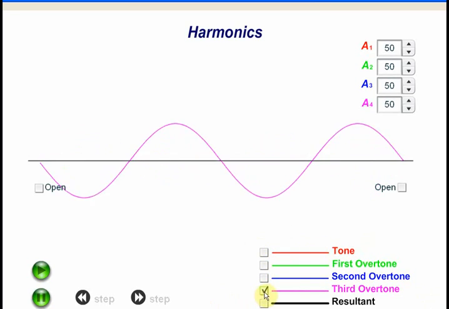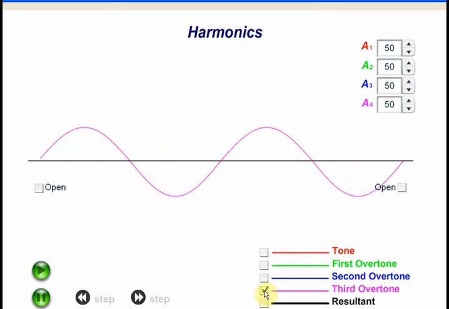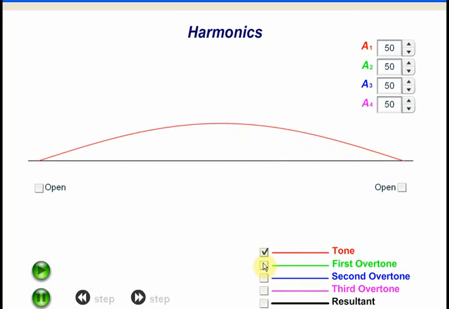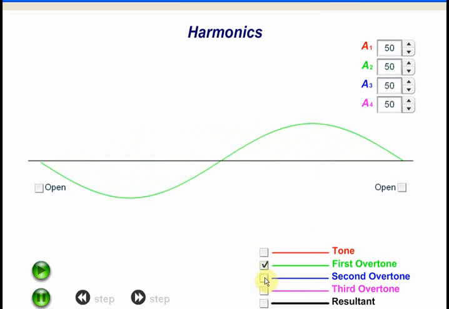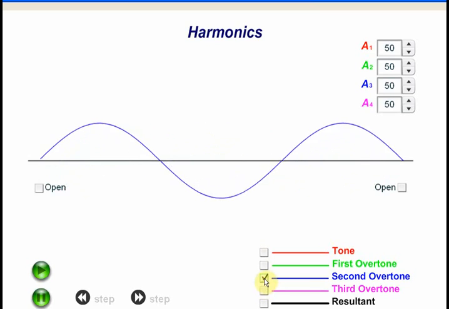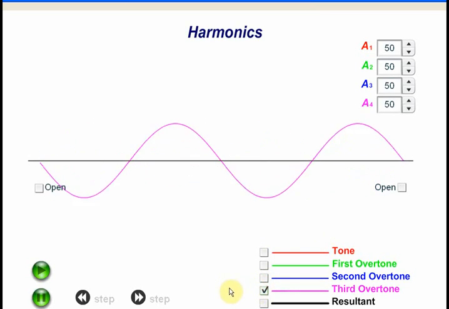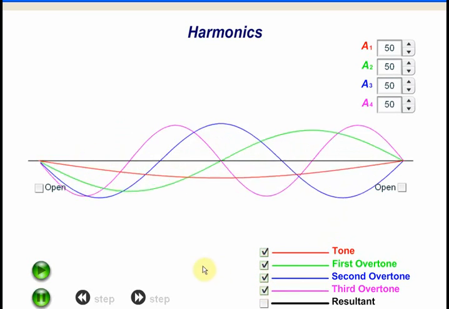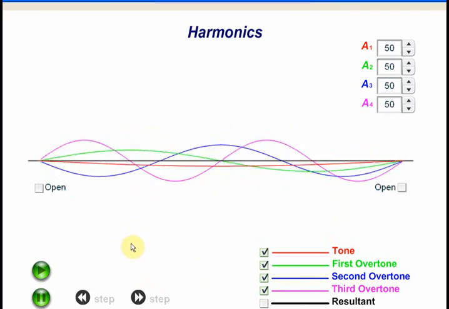As you can see, the frequency in each case is different. The frequency is increasing, it's 1V by 2L in the first case, 2V by 2L in the second case, that is double the first case, 3V by 2L in case of the third harmonic, and 4V by 2L in the case of the fourth harmonic. Here you go, all the harmonics at once.